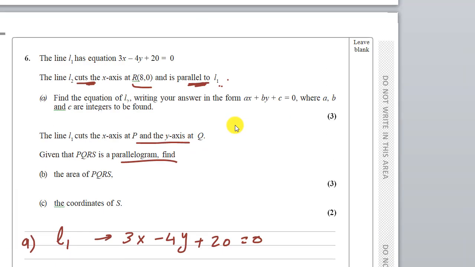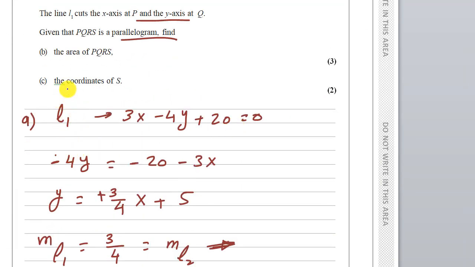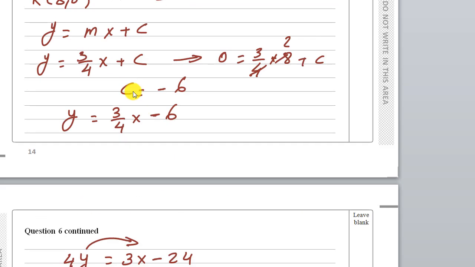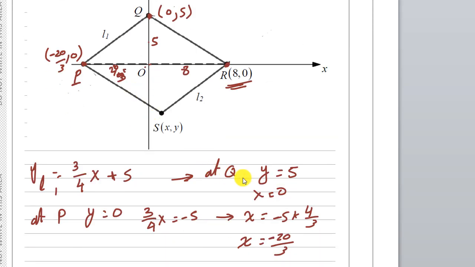Now the last part, which is C, the coordinate of S. We need the coordinate of S. This point S is the intersection of L2, which we know, and this line, which is L3. L3 is parallel to QR.